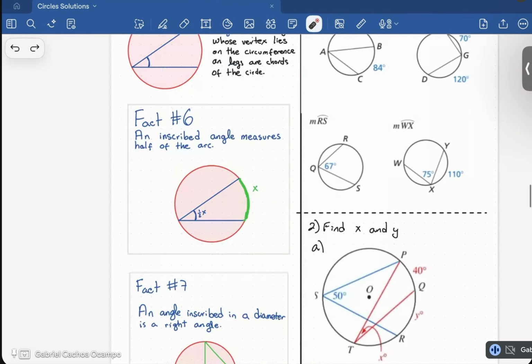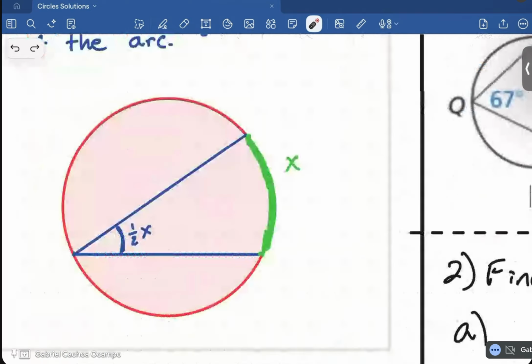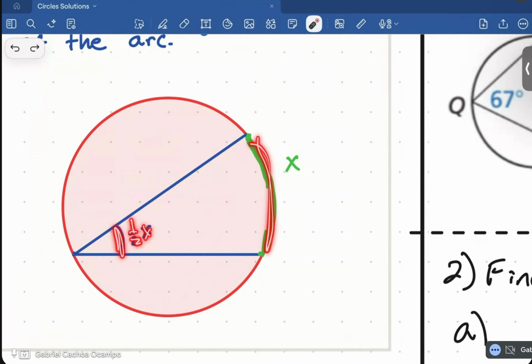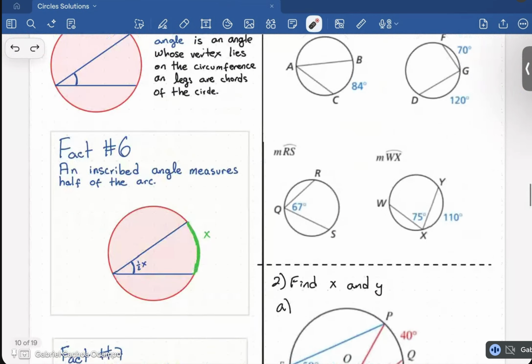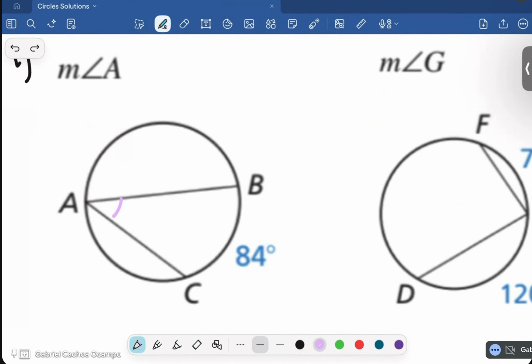In inscribed angles, the arc will measure twice as much as the inscribed angle, or the inscribed angle measures half of the arc. For example here, if this measures 84, then this measures 42.